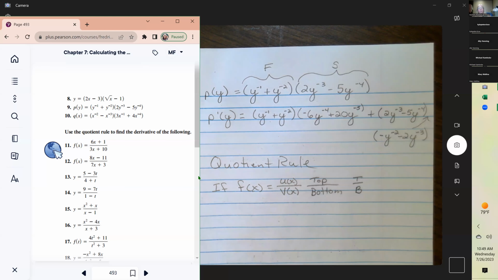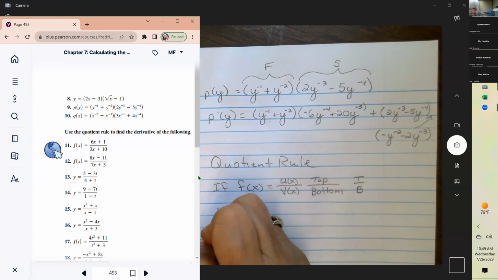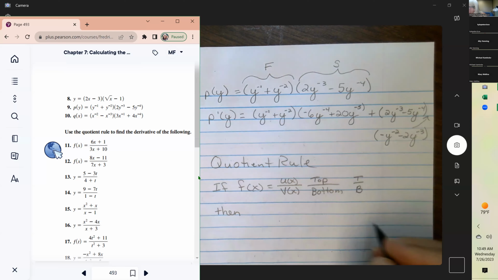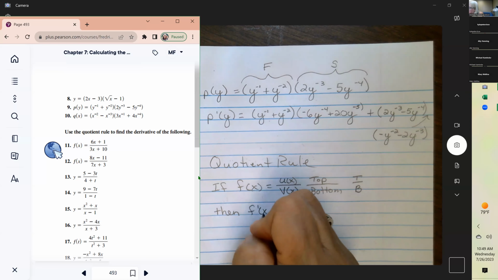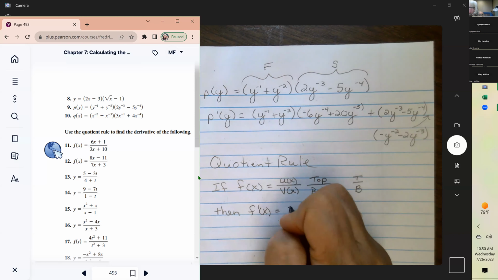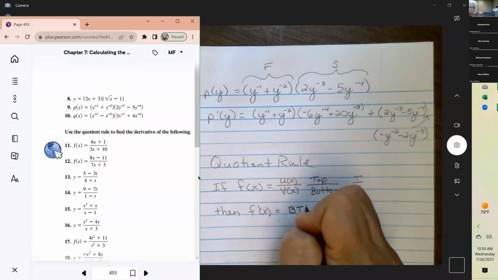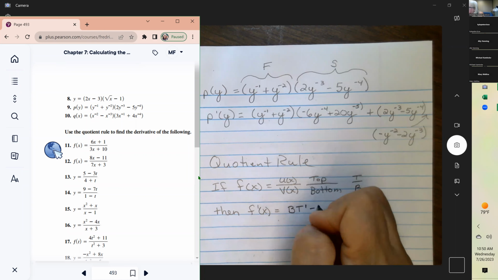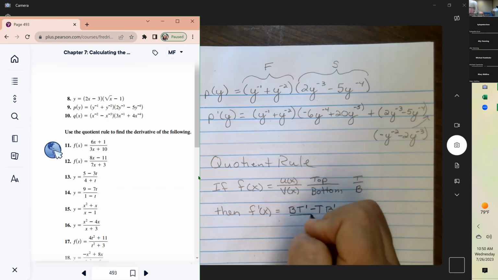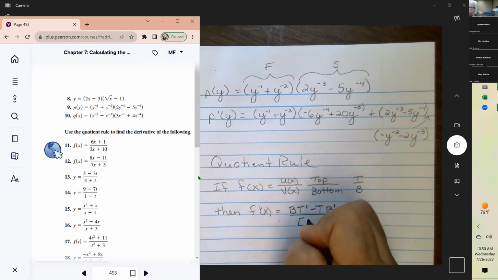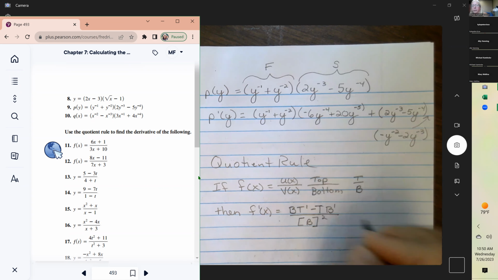I use top and bottom to remember it, and I use a T for top and a B for bottom. When you take the derivative, it's the bottom times the derivative of the top minus the top times the derivative of the bottom all over bottom squared.